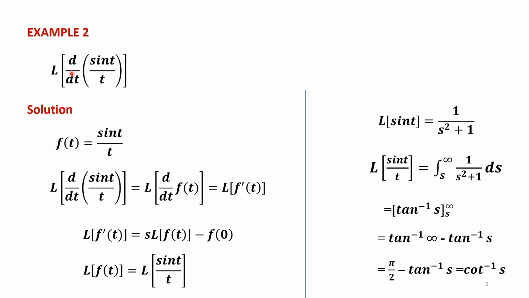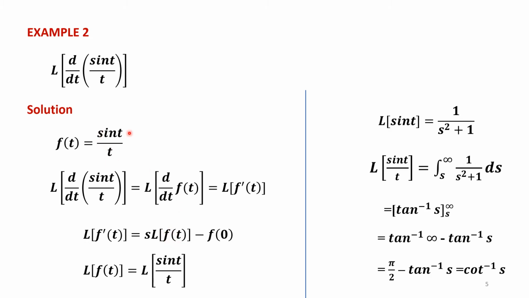Okay, so we have to find L of d by dt of sin t by t, which means the derivative of sin t by t is to be calculated. Suppose I take sin t by t as f of t. To calculate L of f dash of t, we require L of f of t.